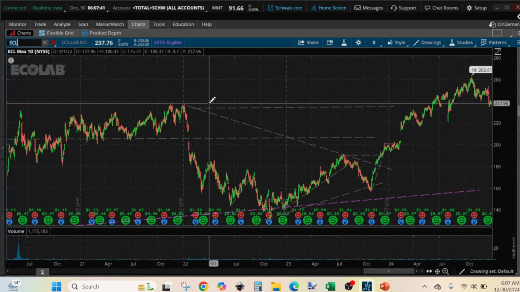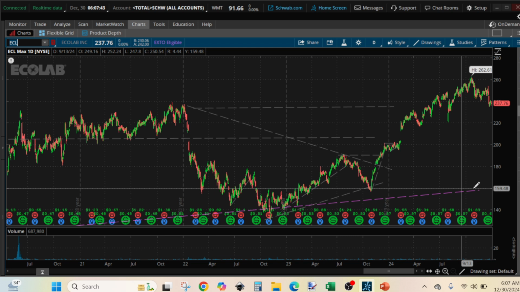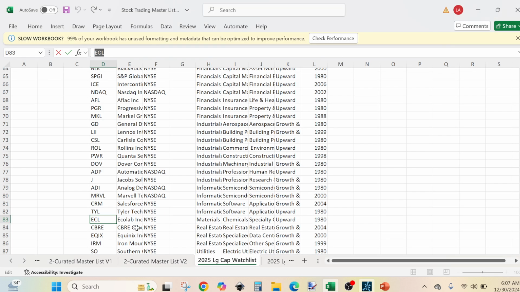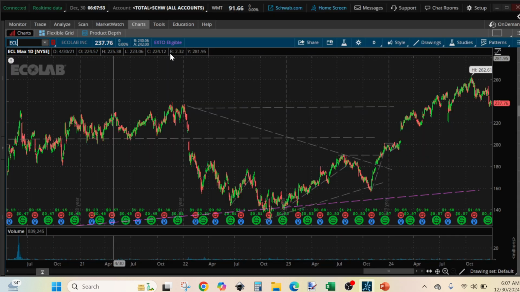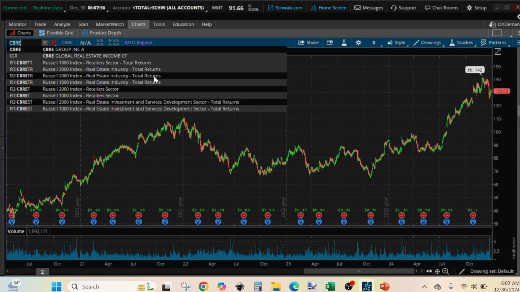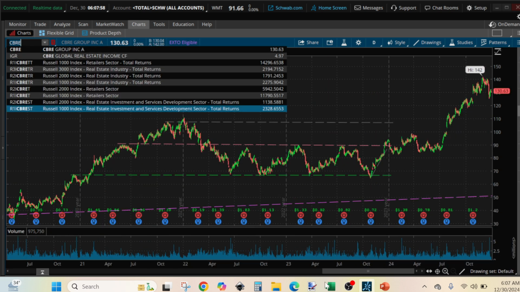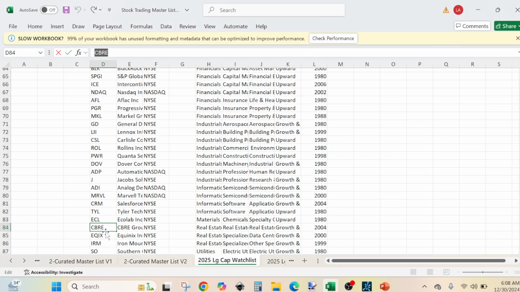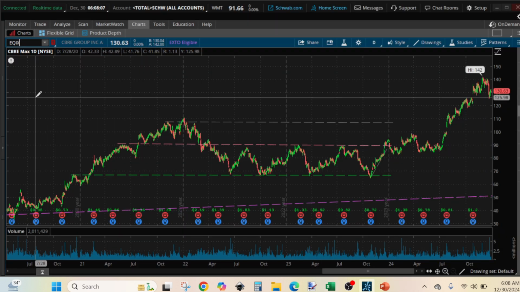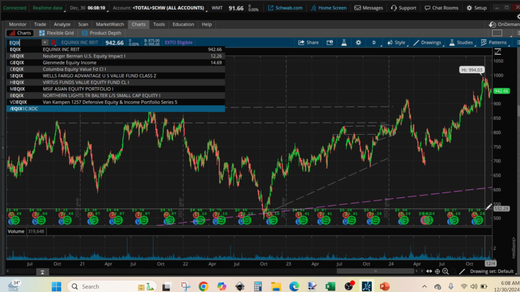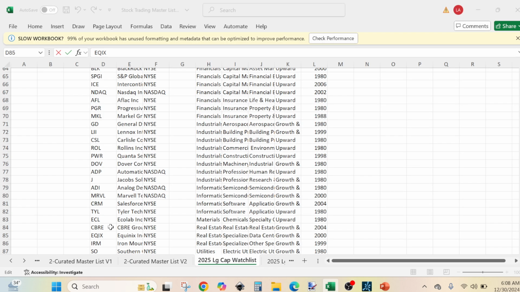ECL is nowhere near where we like to buy. CBRE is high for now. EQIX, not near the trend line we would like to enter.